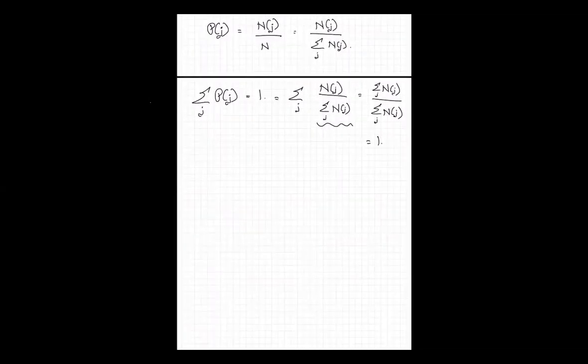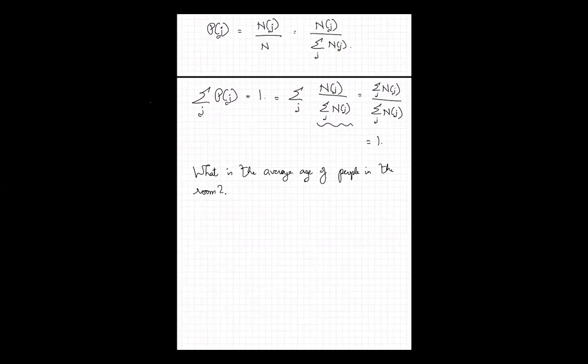So the total probability always has to be equal to 1. Now, what is the average value of j? What is the average or mean age of people in the room?